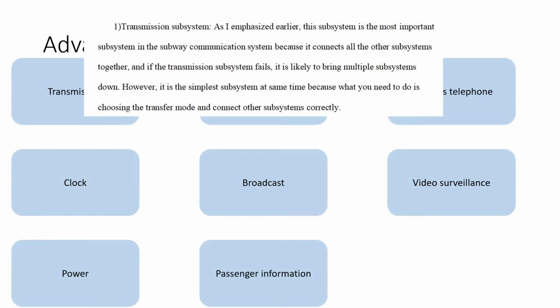For example, the transmission subsystem is the most important subsystem, and I said it before. If the transmission subsystem fails, it is likely to bring multiple subsystems down. However, it is a simple subsystem at the same time, because what you need to do is choose a transfer mode and connect other subsystems correctly.